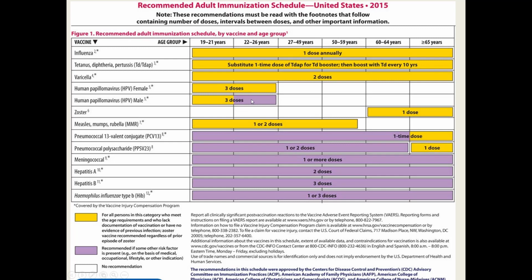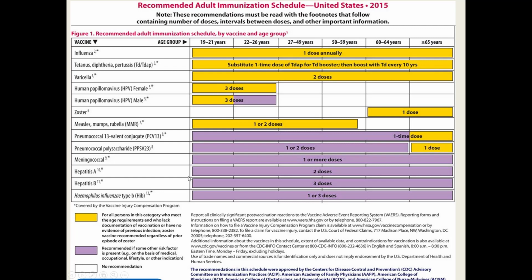This is against the shingles. They still recommend some more MMR, especially if there are outbreaks happening. The purple is usually recommended if you possess some type of risk factor that puts you at an increased risk, if you're traveling to certain areas or you're exposed to someone that may have this. You may need additional booster shots as well.